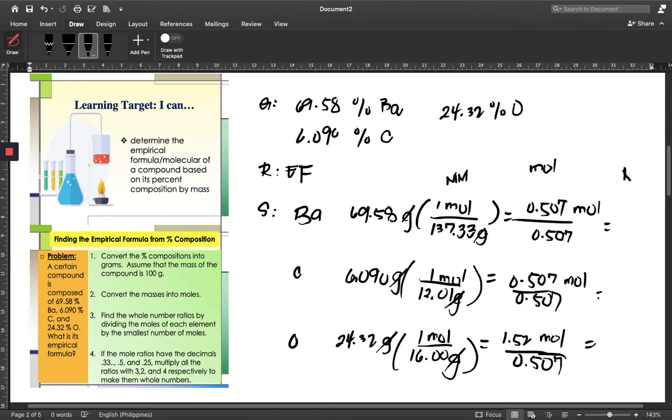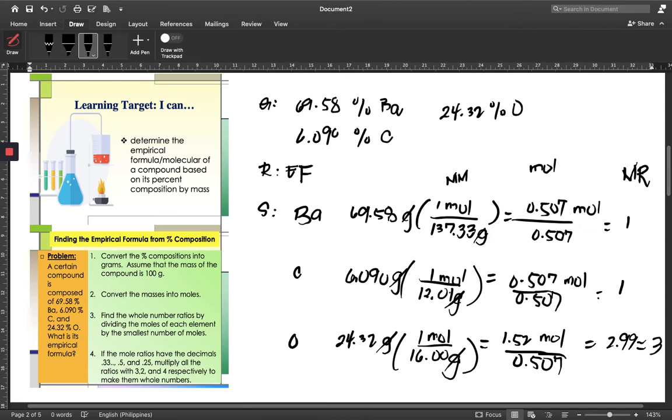Let's abbreviate that as MR. So the mole ratio for barium is equal to 1. And for carbon, this is also equal to 1. And for oxygen, you have 1.52 divided by 0.507, you get 2.99. Now 2.99 is almost equal already to 3.